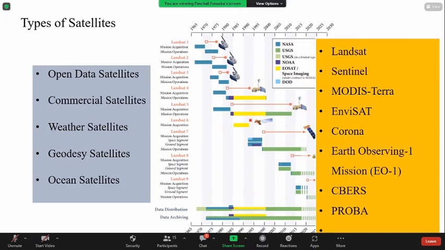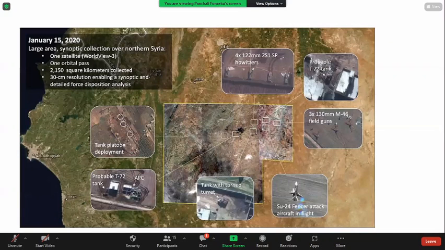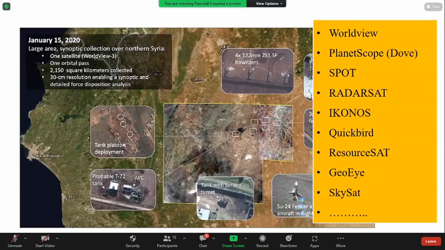The second category is commercial satellites. WorldView is so sharp that you can almost see the license plates of vehicles. Among commercial satellites, it ranks at the top as one that can deliver the highest resolution.